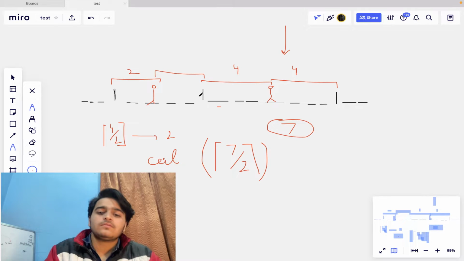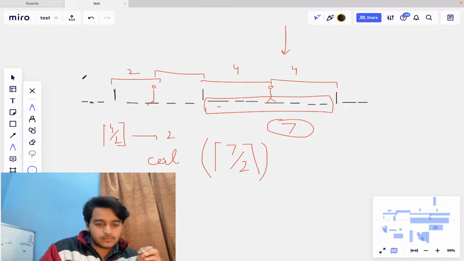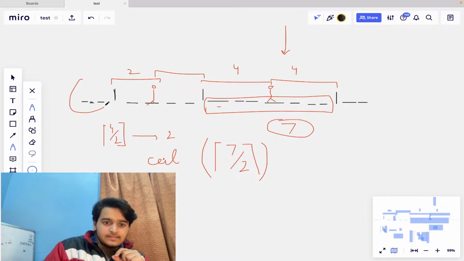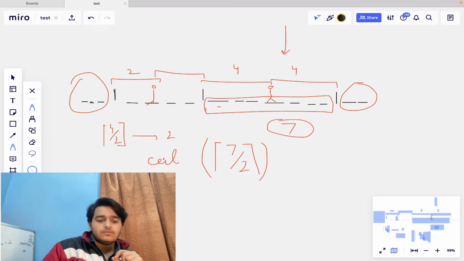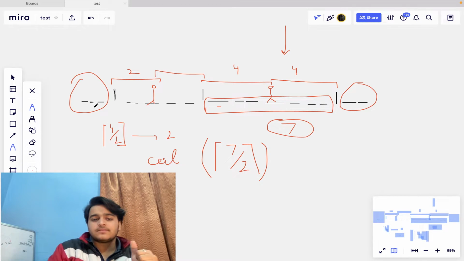You just have to count the number of zeros between any two adjacent ones, plus 2 extra cases in which some empty seats are present in the front and some empty seats are present at the back. If some empty seats are present in the front or at the back, we just take that count as it is.